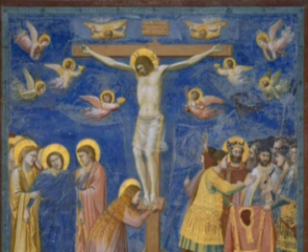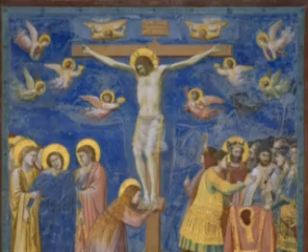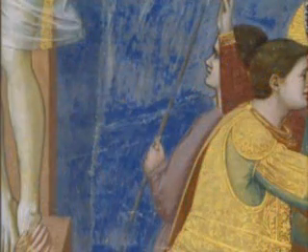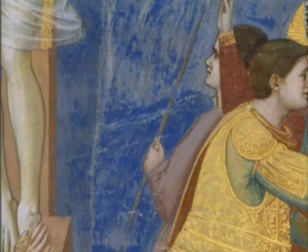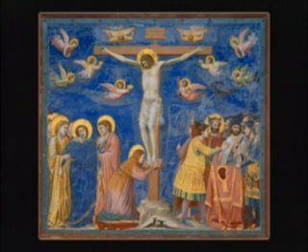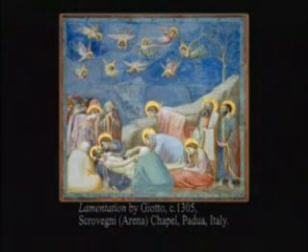The emotions are expressed, but with restraint. Astonishingly, only the centurion Longinus, here at the right, seen briefly here, who had lanced the side of Christ and been converted, is the only one who looks at Jesus. No other eyes are on him at all. There could be no greater contrast with this static, relatively stoic painting than the Lamentation.